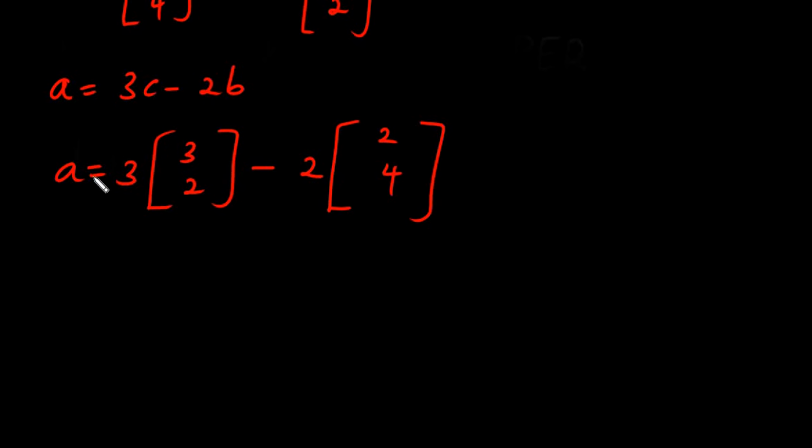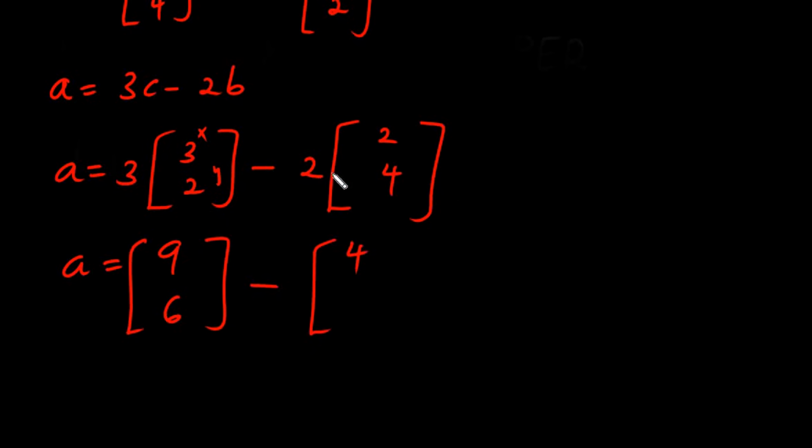So we multiply this scalar by each of the values of this vector, that is x and y. It's going to be 3 times 3, which is 9, and then 3 times 2, which is 6. Then minus 2 times 2 is 4, and 2 times 4 is 8.